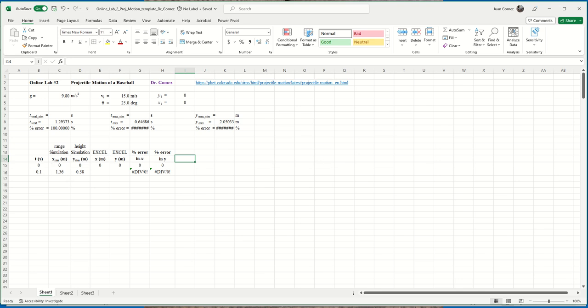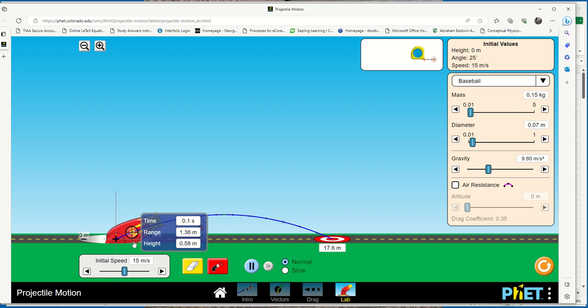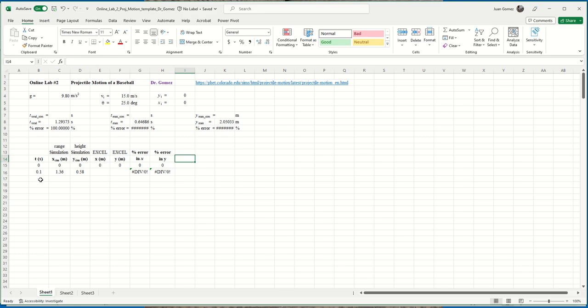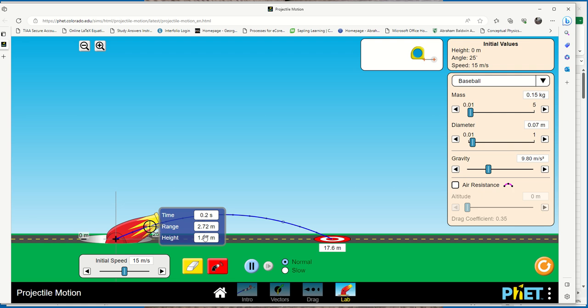Now let me pause this. Now I'm going to take the crosshair, go to the next time, the next dot. When it's yellow, and notice I'm at 0.2 seconds, and I'm at 2.72 and 1.07. So here I'm at 0.2. Then my x value is 2.72. X is the range.